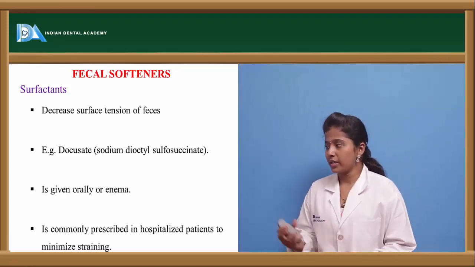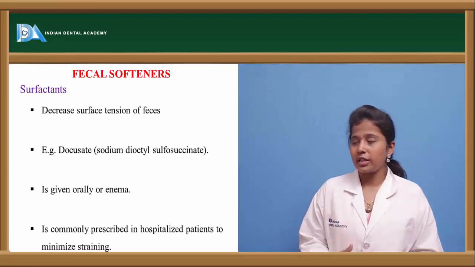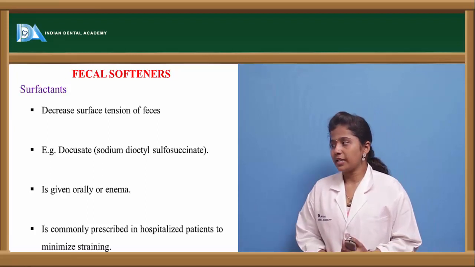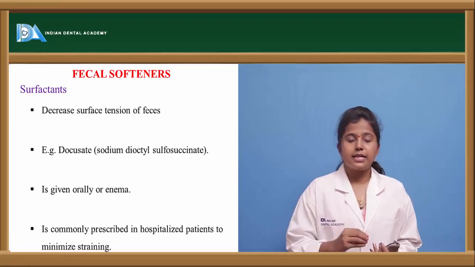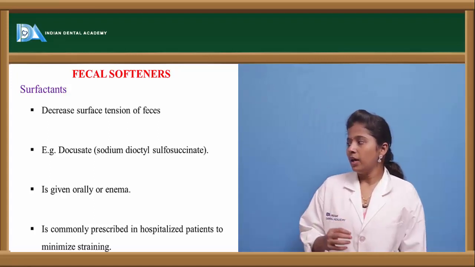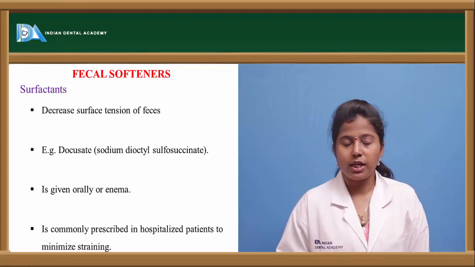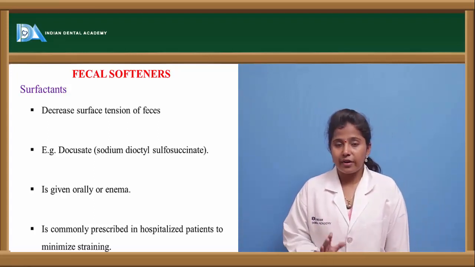So what are the characteristic features of this surfactant? What do these surfactants do? They decrease the surface tension of the feces. For example, drugs like docusate. Docusate contains sodium dioctyl sulfosuccinate. What does this surfactant do?